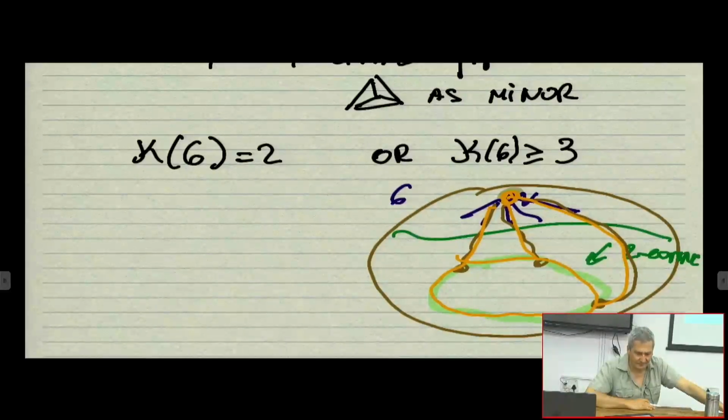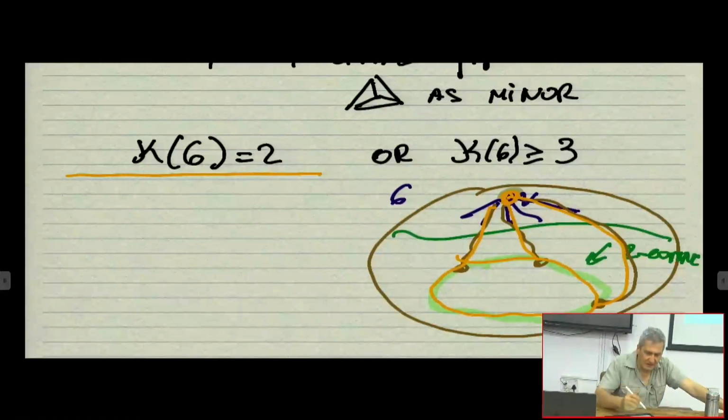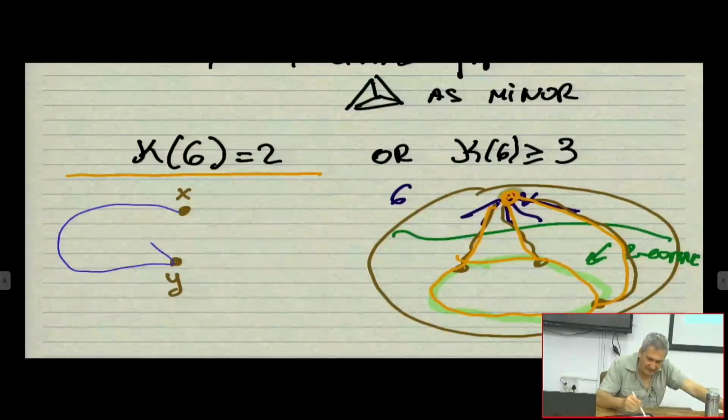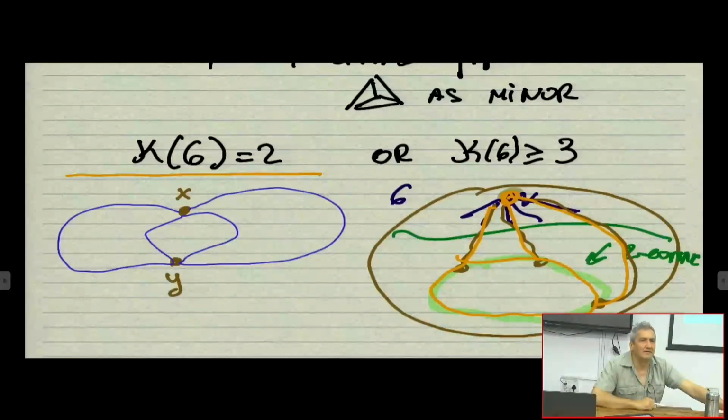Okay. What happens if the connectivity is 2? If the connectivity is 2, then we have a 2-cut, x and y, and the graph looks like this. One part here, and one part here.